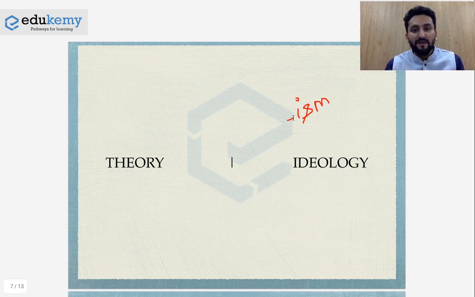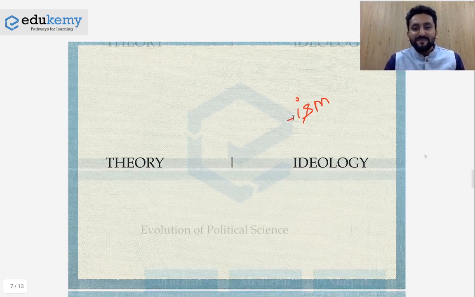Take the example of terrorism, take the example of Naxalism. Whenever there's Gandhism, it's an ideology. It's not a theory, it's not an interpretation of what is happening. Gandhism is an ideology that this is the way society should work. This is the reality. This is the objective. So Gandhism provides a certain set of ideas with a particular objective, right?